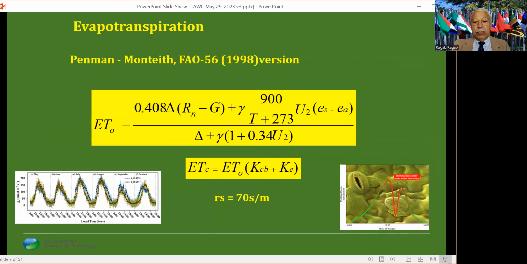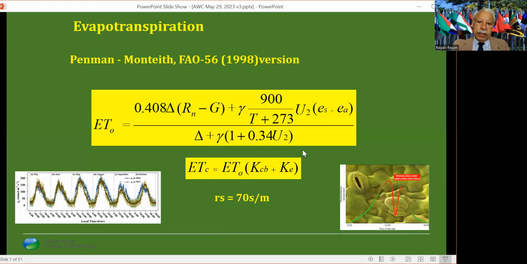That value was found to be 70 seconds per meter. And when it is introduced into the original Penman-Monteith equation, the equation became that form, where you don't see at all the crop parameter, which in the original Penman-Monteith was rs, the canopy resistance.